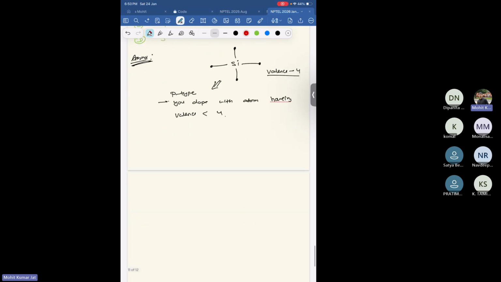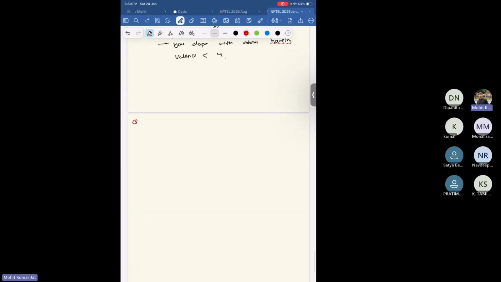Okay. If time permits, I will take one more question. This is about the arrangement of your ions or atoms in different crystalline structures. This is something which we read in 11th class standard, as far as I remember when I was there.